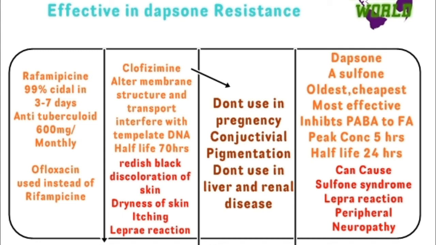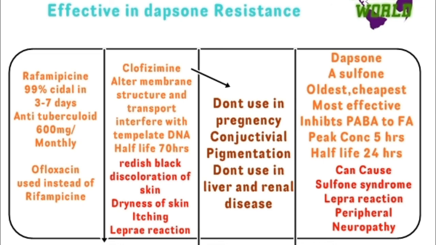You will have reddish black discoloration of skin and also of your other body fluids. It also causes dryness of skin, itching, and leprosy reaction, and you should not use it if the patient is suffering from liver and renal disease. Also, it should not be used if she is pregnant. It also causes conjunctival pigmentation.